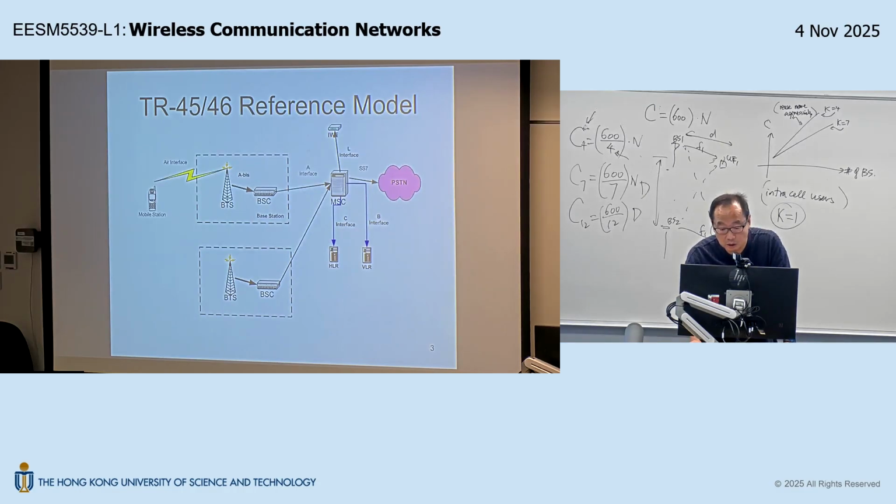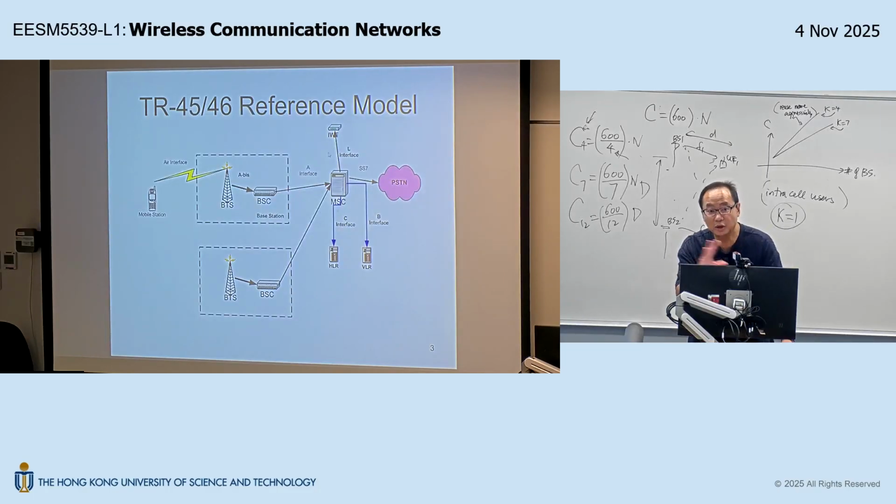So this is a boundary. The connection interface between the base station controller and the mobile switching center is called the A interface. So the A interface is the boundary between the core network and the radio access network. Okay? So in this chapter, we will focus primarily on the radio access network. And in the next chapter, we will focus on the core network.